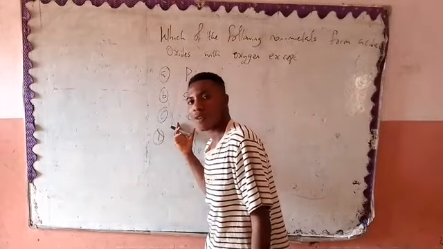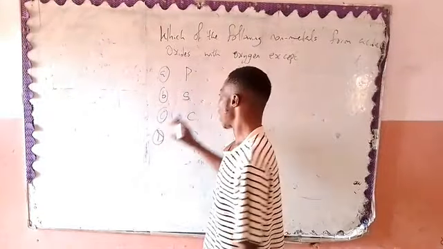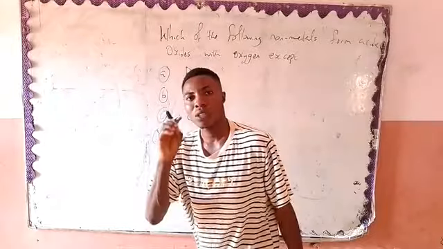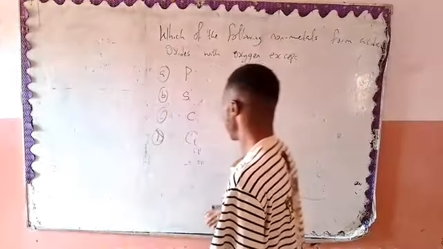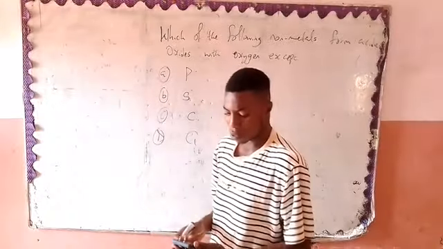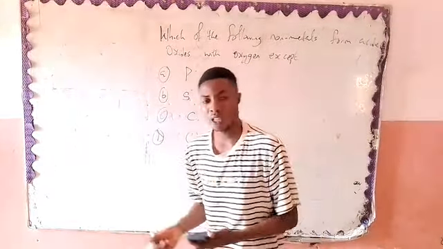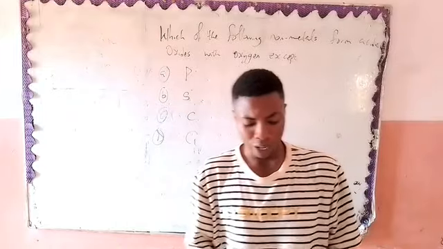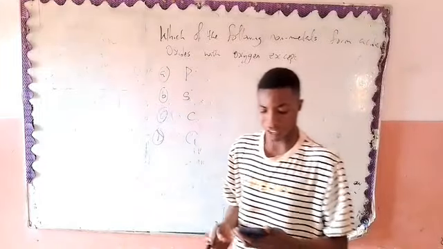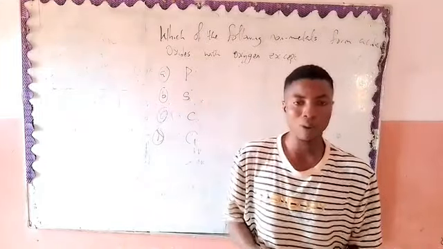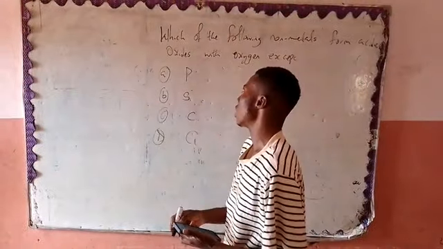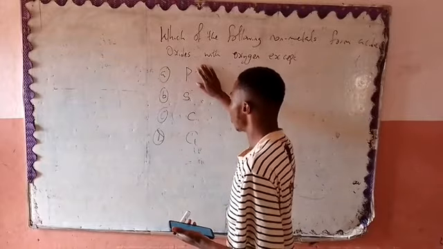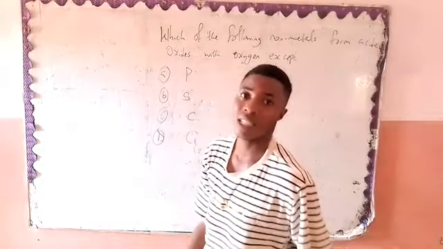Only carbon 4 is acidic, while carbon 2 is neutral. It's not acidic. Then chlorine: we have chlorine oxide, perchlorates, chlorine peroxide, and chlorine tetroxide. All of them are acidic in nature.